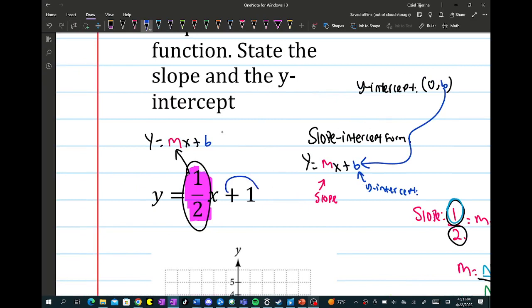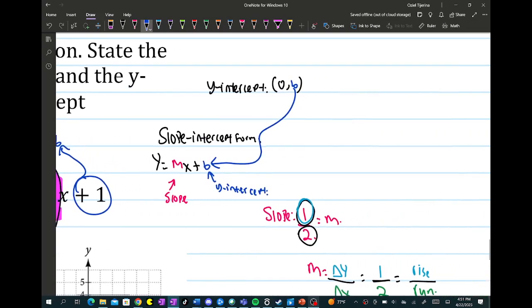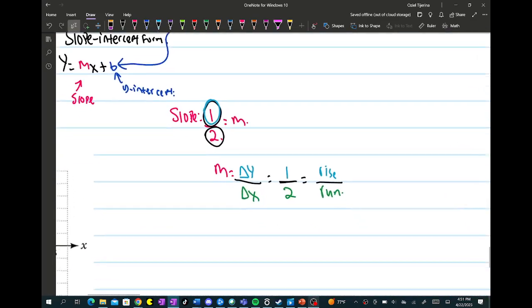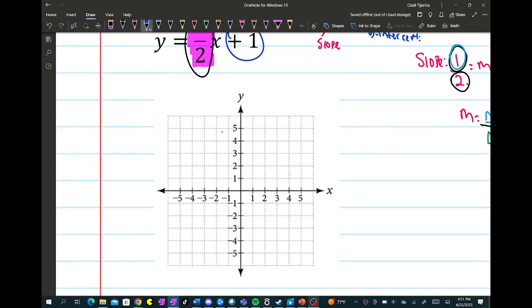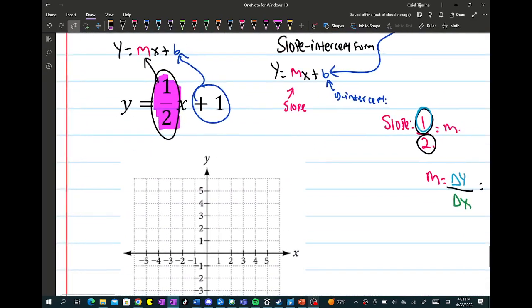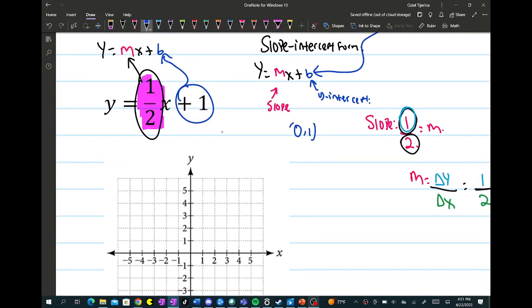So I know that this number is my b value. So basically this is going to end up being y equals 1/2 x plus 1, so my y-intercept is going to be (0, 1).